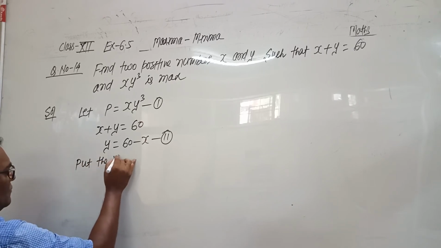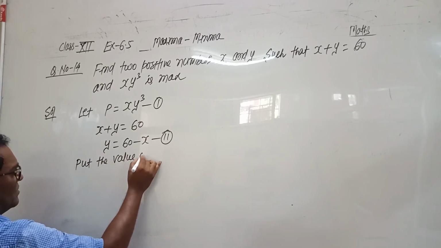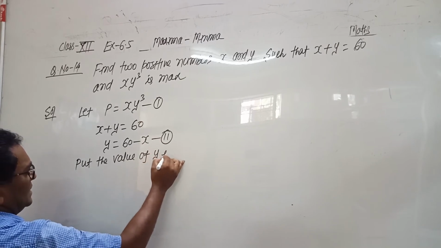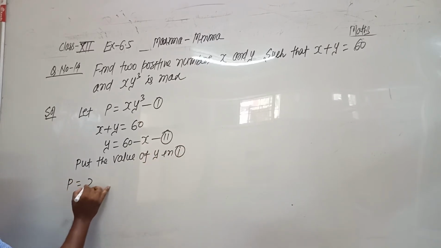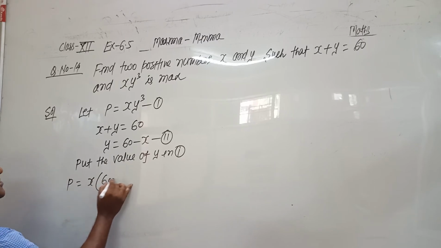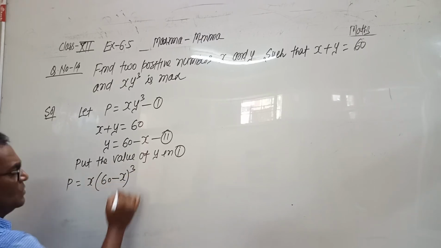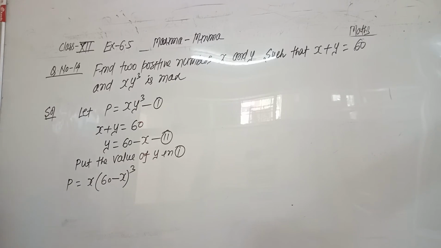Put the value of y in equation number one. So P equals x y cube, meaning x times 60 minus x the whole cube. Now we have to find its derivative dP by dx.